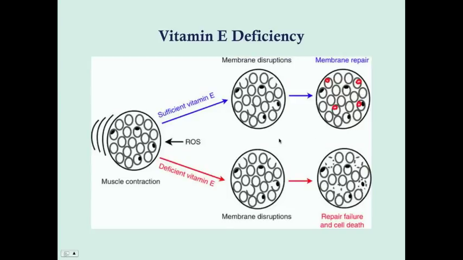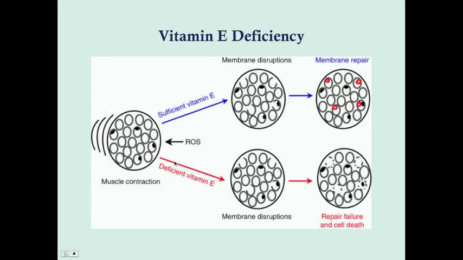So this is just a schematic of what happens and what vitamin E does. So you have reactive oxygen species, which happen in all of us, and we have ways of protecting our cells from that, and vitamin E is one of them. So if there's membrane disruptions, you can have membrane repair. Vitamin E also is an antioxidant, so it helps that way.